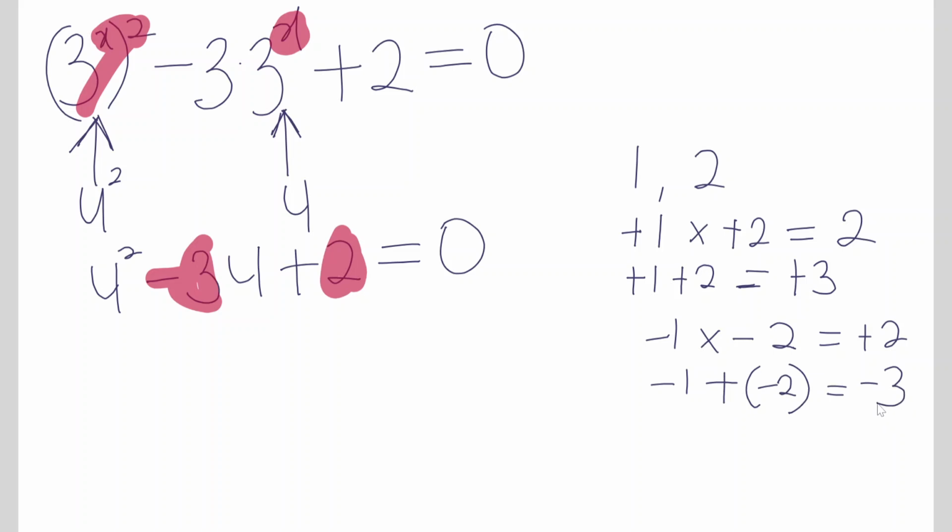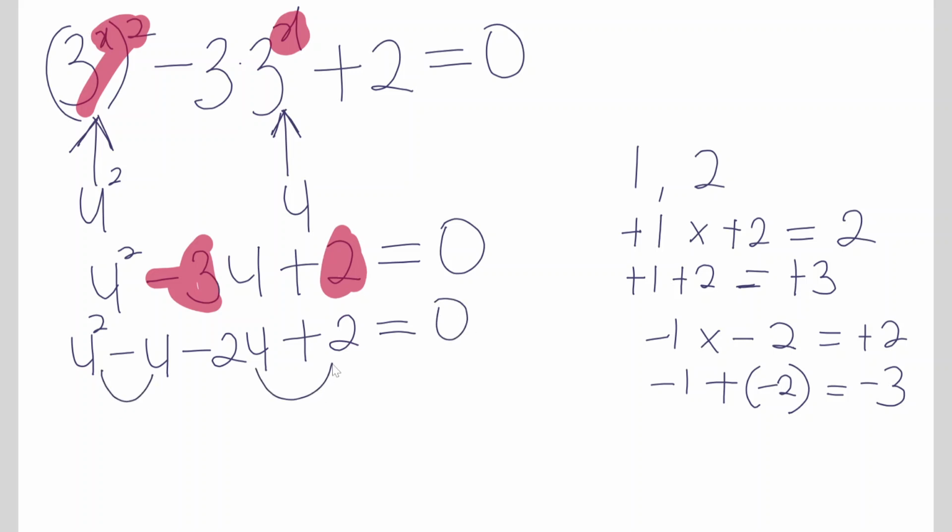So I'm going to be writing u squared minus u minus 2u then plus 2 equal to 0. Then I can group the both of them. So I'll be having u in the bracket, then u minus 1, and also 2 is common here.